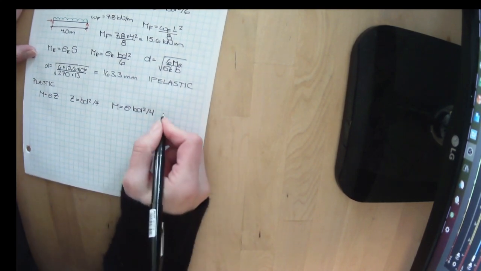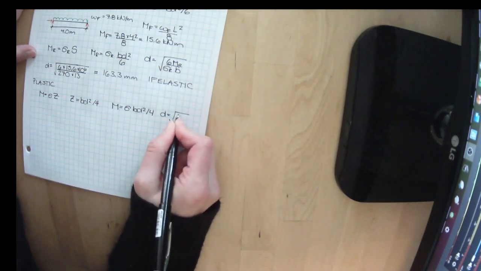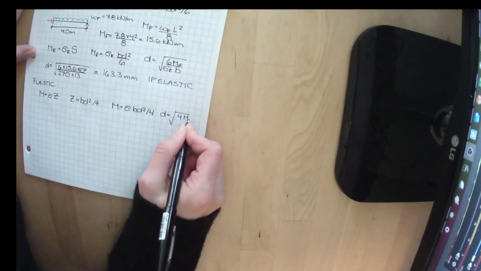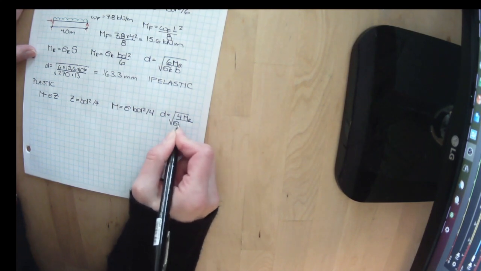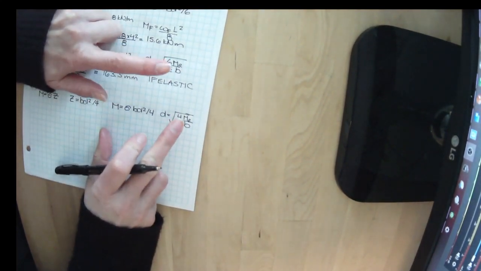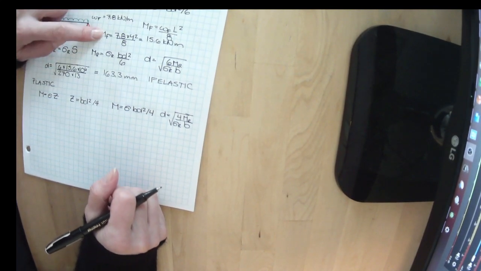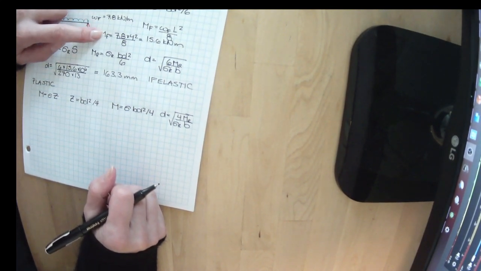Let's rearrange this, and we get that D equals the square root of 4 MR over stress R times B. So it's the same equation. The only thing that's different is that 4 and that 6. Our MF stays the same. That's something that was applied to it.